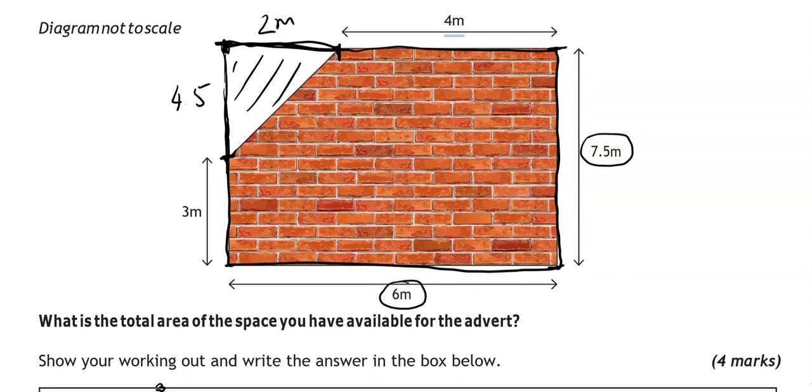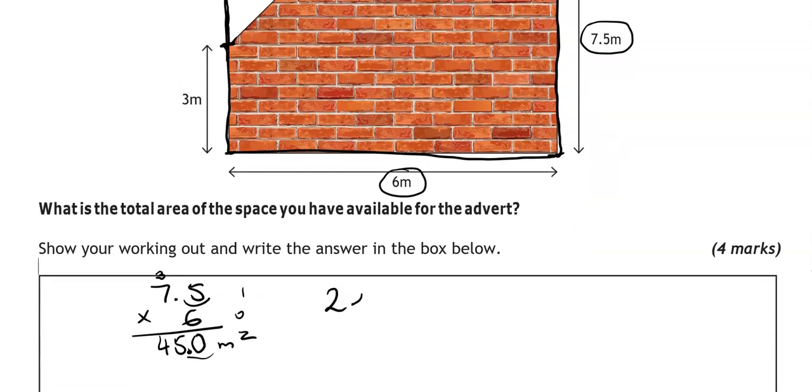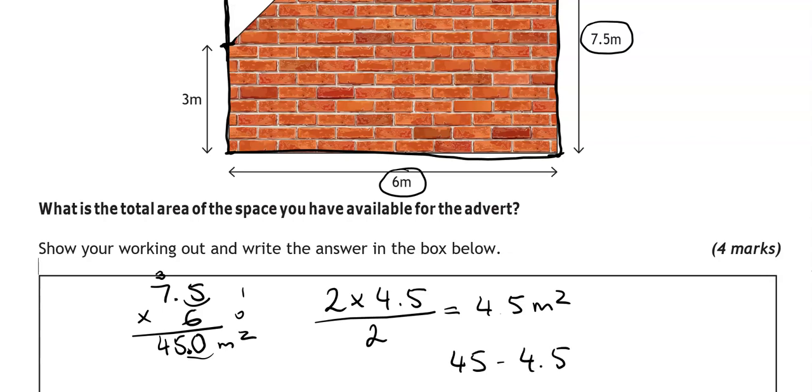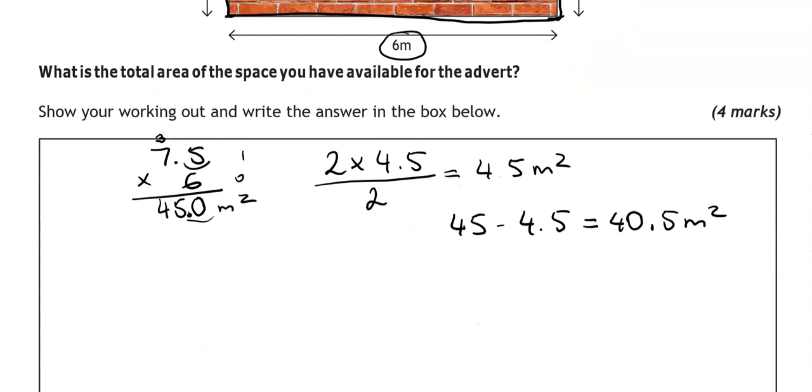So 2 lots of 4.5 divided by 2, because it's a triangle, that gives us 4.5 square meters. So 45, take away 4.5, that gives us 40.5 square meters. And that answers the question.